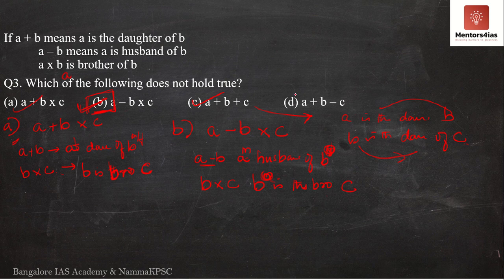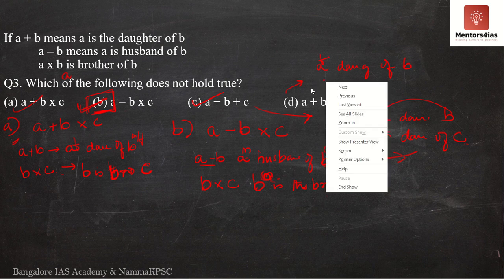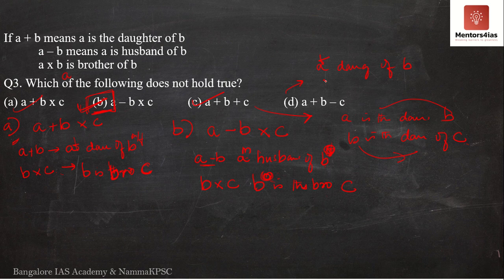Let me just check D just to be sure. So it says A plus B. Now option D. What does A plus B mean? A is the daughter of B. Okay, so this is female. I don't know the gender of B. What does B minus C mean? B minus C means B is the husband of C. Possible.